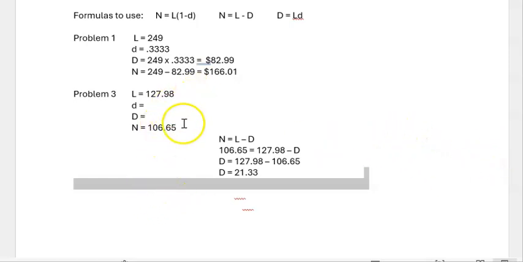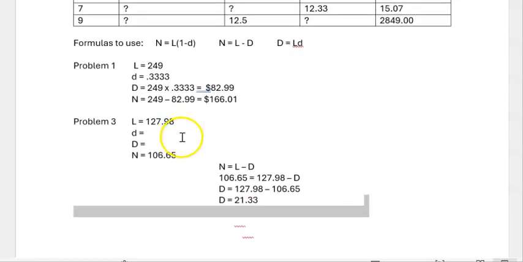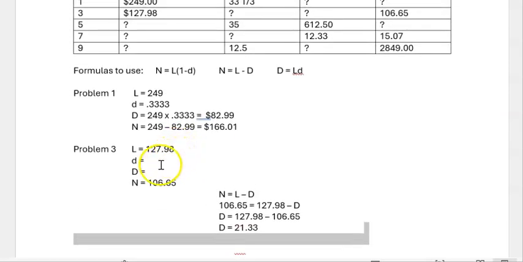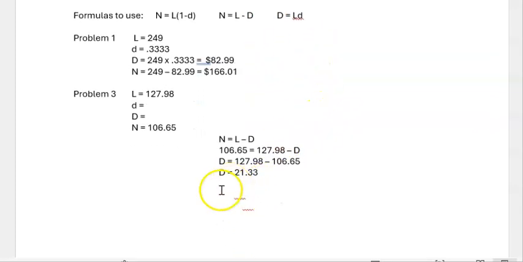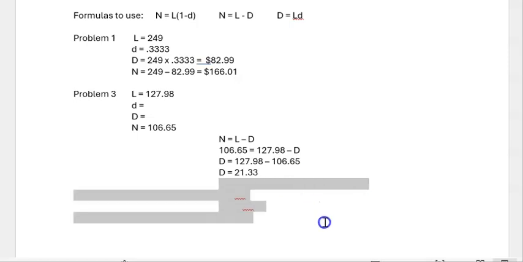So now we have our discount amount, but we need to figure out what our discount percentage is. And if you look here, our discount amount equals our list price multiplied by our discount percentage. So we need our discount percentage, so we need to take this formula and change it around. So let's have a look.